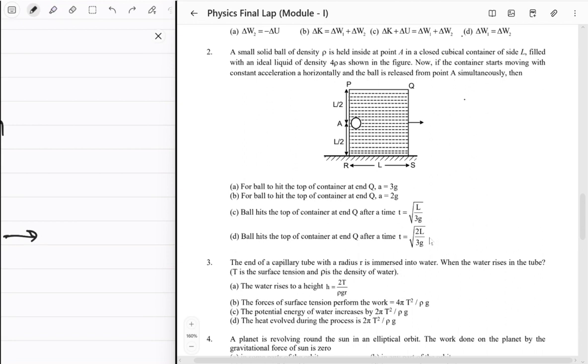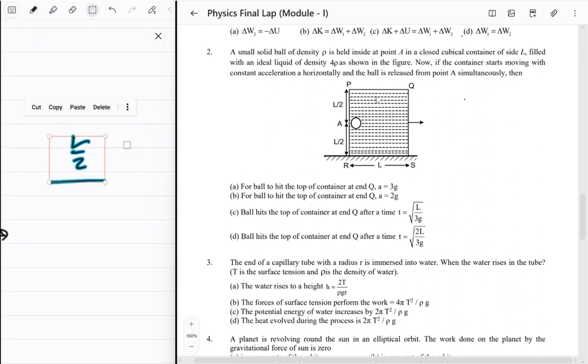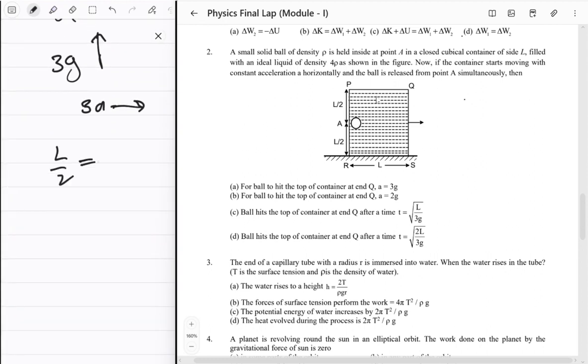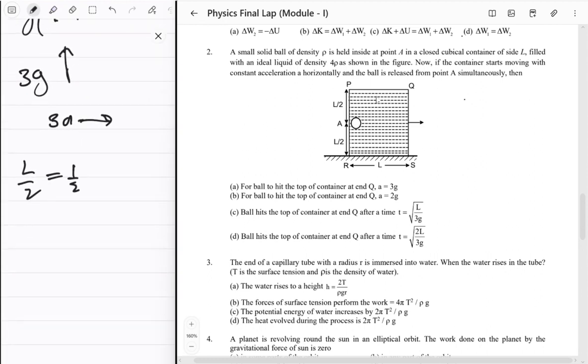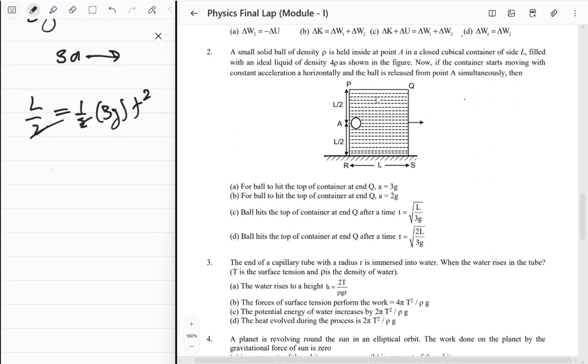That doesn't make any sense. Doesn't matter. When it has to hit the top, L upon 2 equals half times G, which in this case is 3G, times T squared, right? So T squared is equal to L upon 3G. Take the square root. Square root of L upon 3G, which is option C.